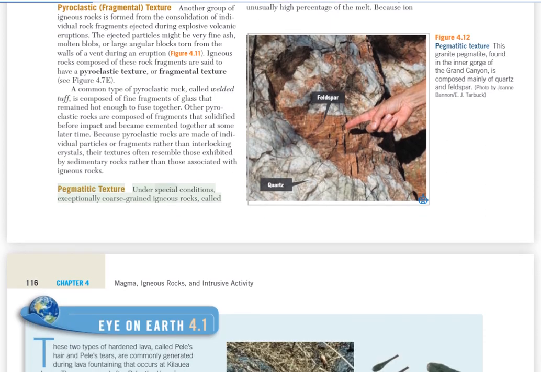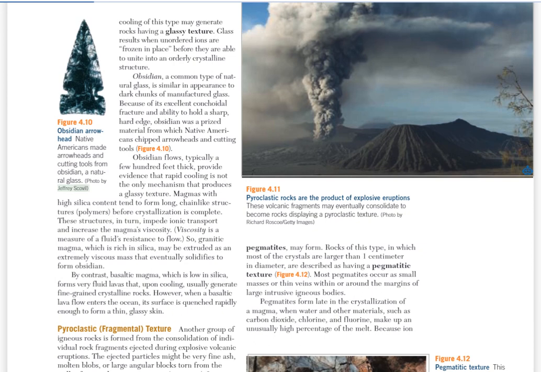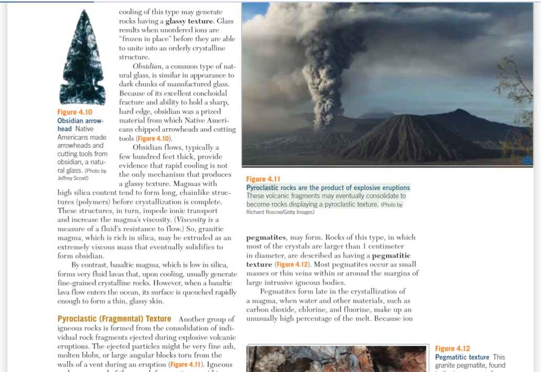Pegmatitic texture: under special conditions, exceptionally coarse-grained igneous rocks, called pegmatites, form. Figure 4.10. Obsidian arrowhead. Native Americans made arrowheads and cutting tools from obsidian, a natural glass. Figure 4.11. Pyroclastic rocks are the product of explosive eruptions.